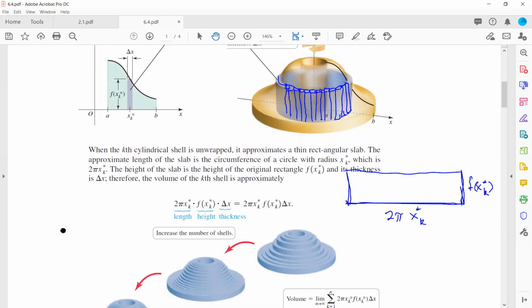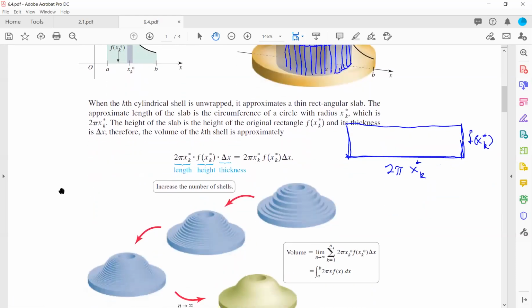Very well. So these k's are changing. As you take the Riemann sum of all of these cylinders and take the limit, sending n to infinity, you can form the integral.